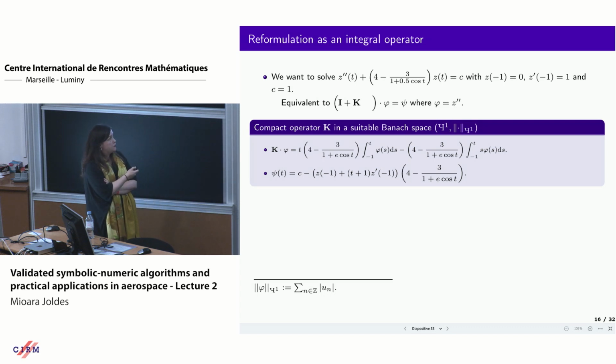And in this case, I will fix a Banach space with respect to this norm. So this is an upper bound for the infinity norm, which is the sum of the absolute values of the Chebyshev coefficients. And with respect to this norm, we have a Banach space that contains all the functions that are continuous and are convergent with respect to this norm. And we also can prove that this becomes a Banach algebra. It will be nicer to prove bounds than on the coefficients.